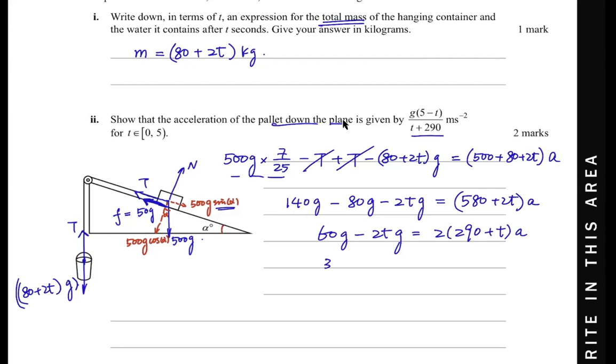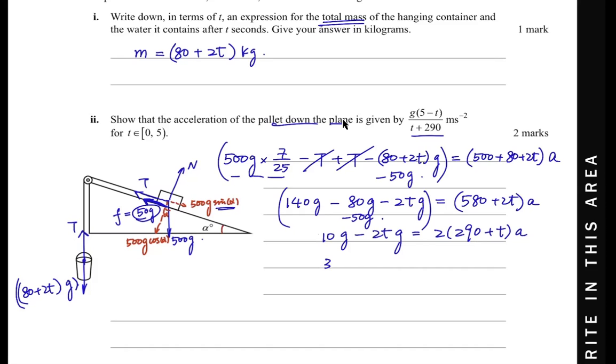So 30G, is that true? I forgot something. Don't forget the 50G, okay? Minus 50G here. Let's just rectify this problem. Minus 50G, okay?